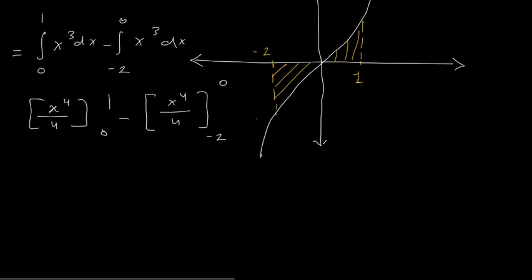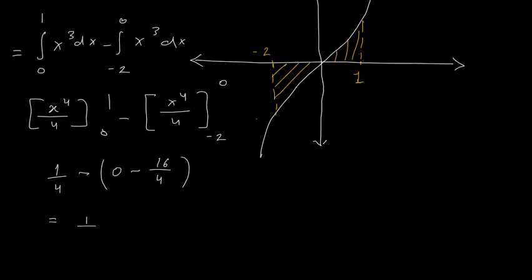Okay, so here we get 1 upon 4 minus, we put 0 minus, here when we put 0, it is 0, and then this is minus, when I put minus 2 power 4, it will be 2 to the 4, 16, 16 upon 4.